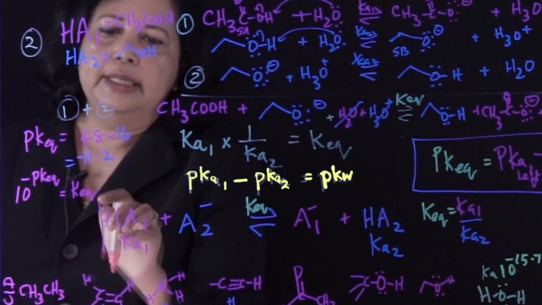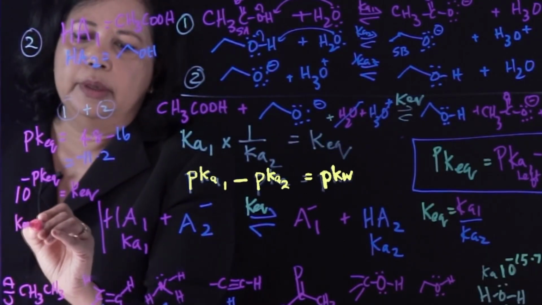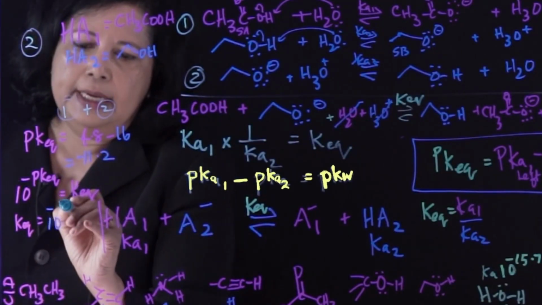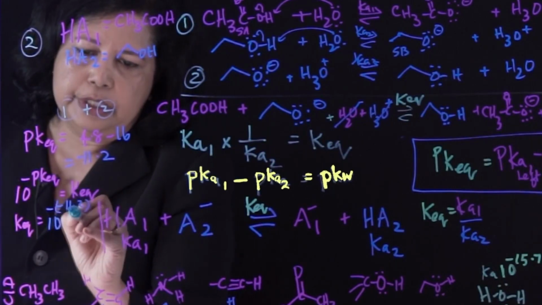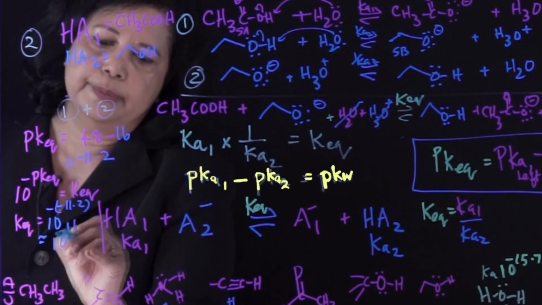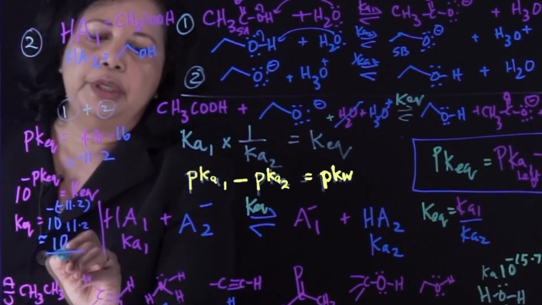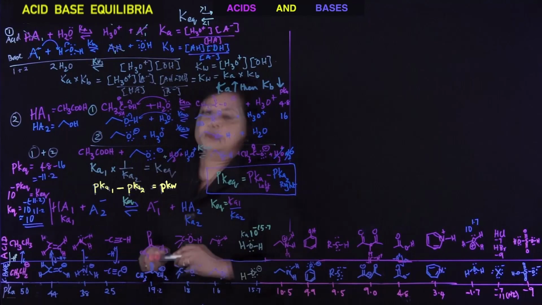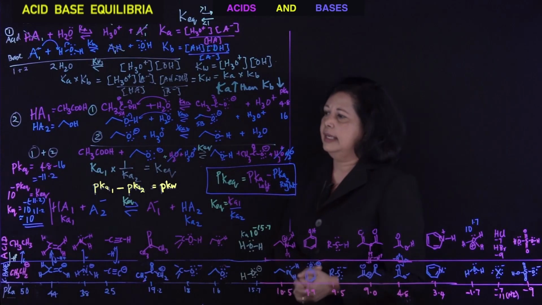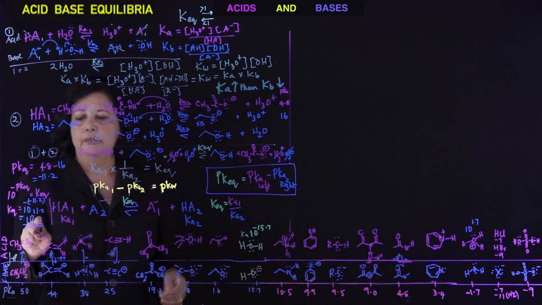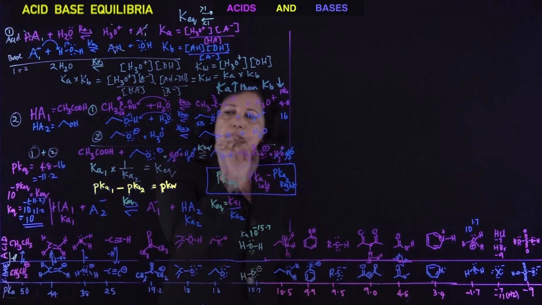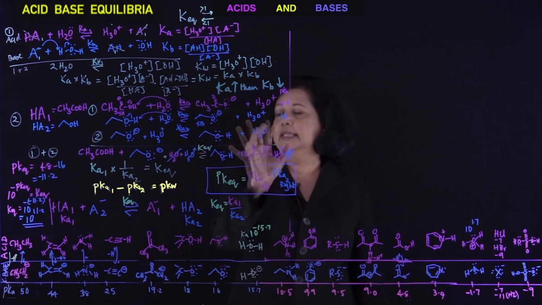So here you can see K equilibrium is going to be 10 to the negative negative 11.2, which is 10 to the positive 11.2. So this is a huge number. So that means this reaction is going to go like a shot. K equilibrium is almost like a trillion, so the equilibrium is going to lie on this side.